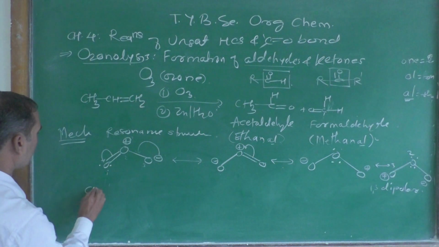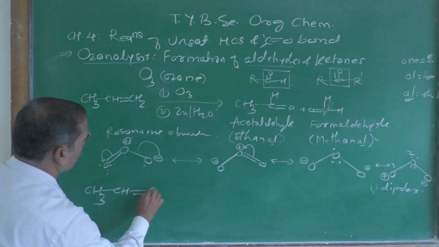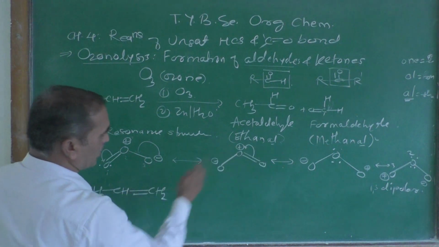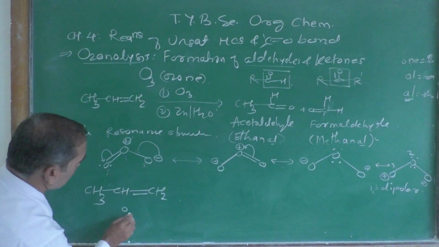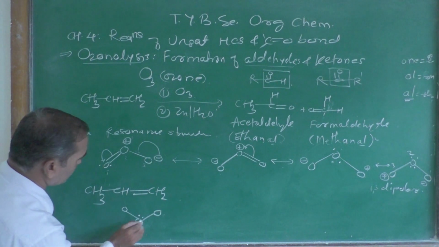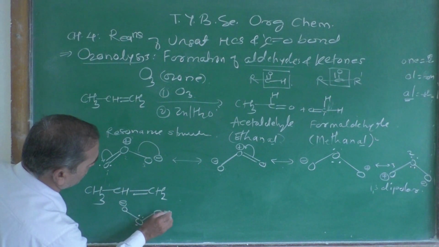Let us see here. CH3, CH double bond CH2, and then this species, O, oxygen, and here an oxygen atom. Here is a negative charge, and here is a positive charge.